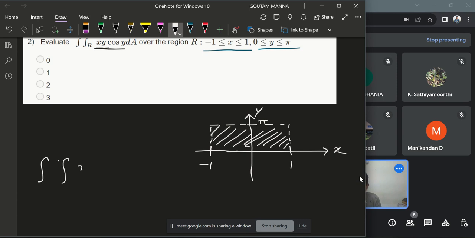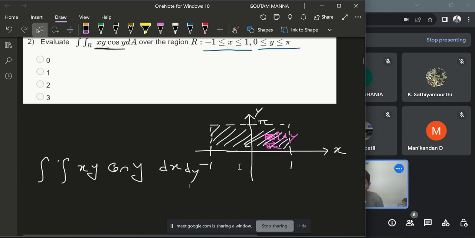For xy cos y, I can write dA, basically a small area element, as dx times dy, and x will be going from minus 1 to 1, y will be going from 0 to pi.